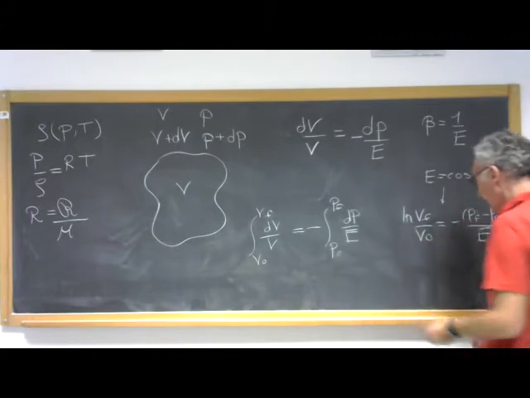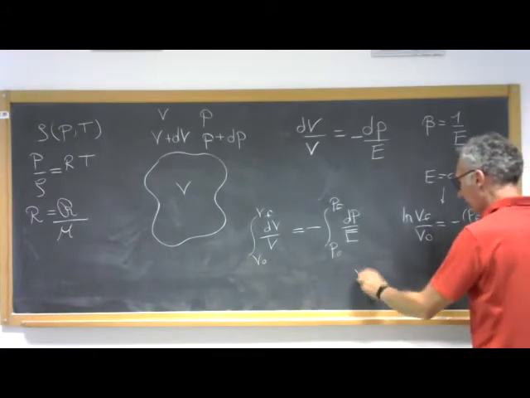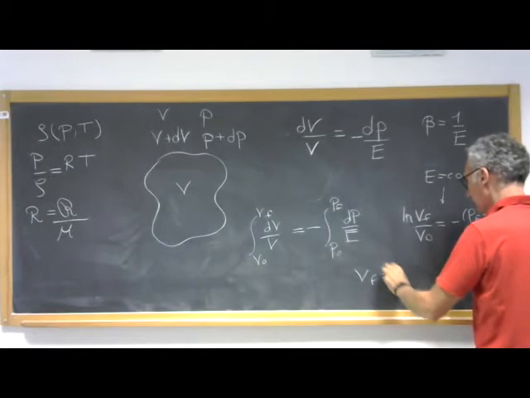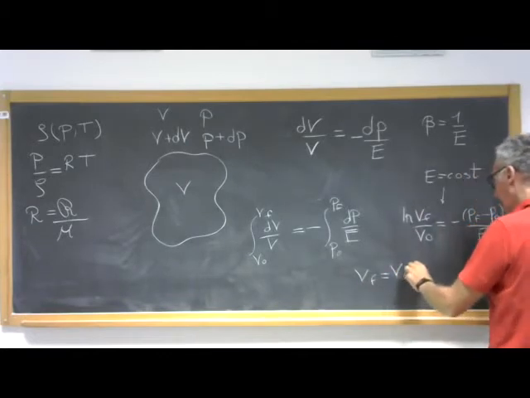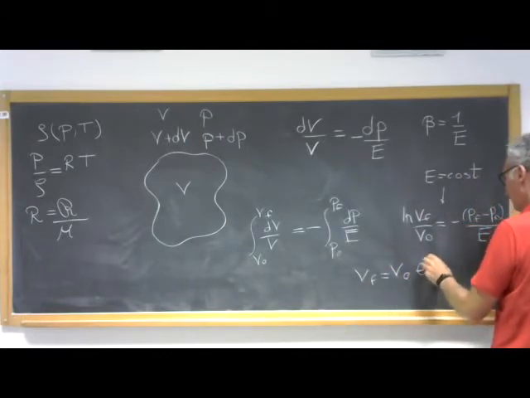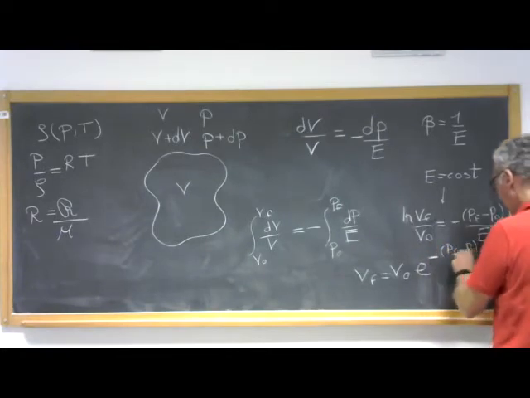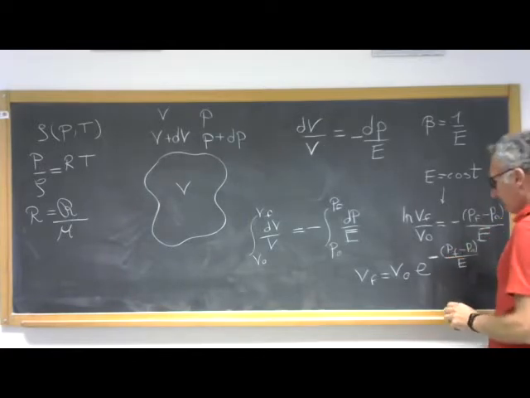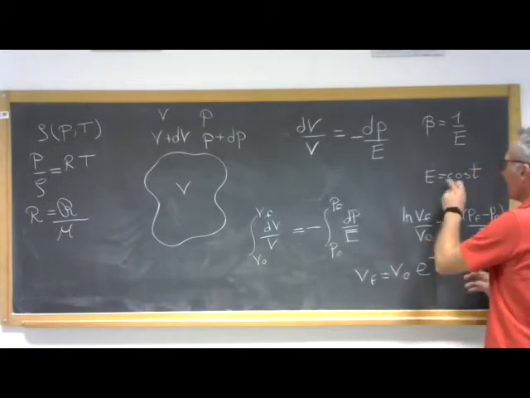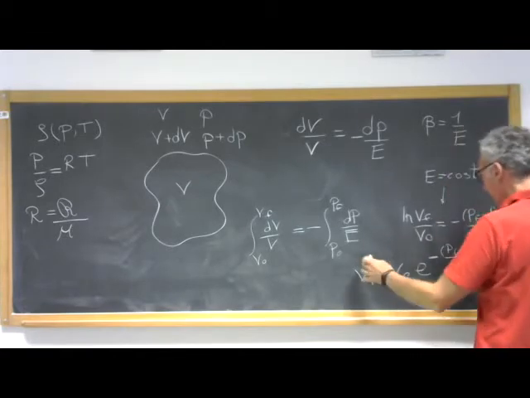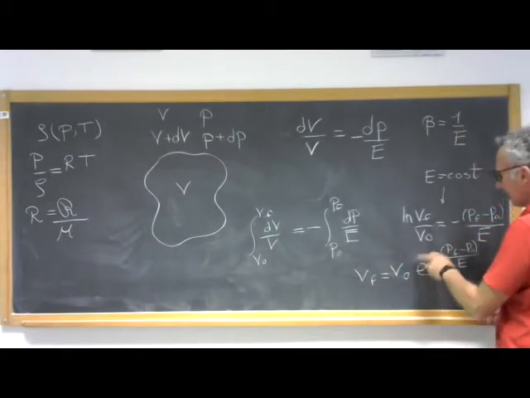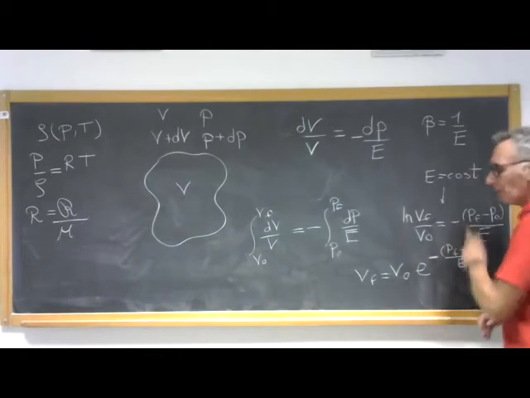This can be easily transformed into final volume equals initial volume times e to the minus final pressure minus initial pressure divided by E. So, in case E is a constant, the volume decreases exponentially with the pressure difference.